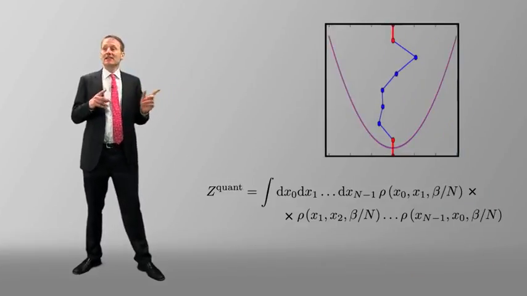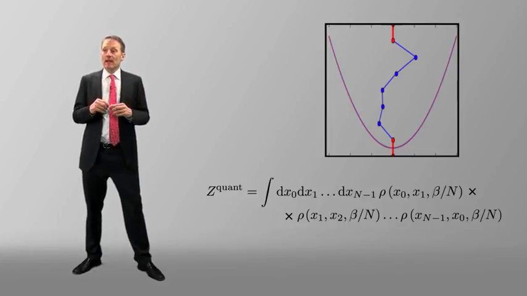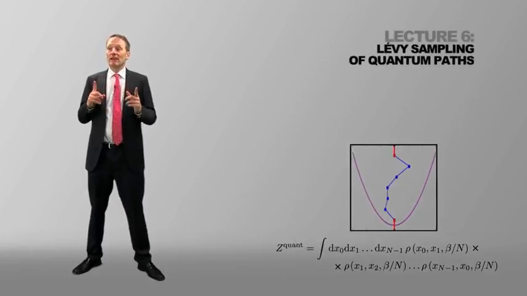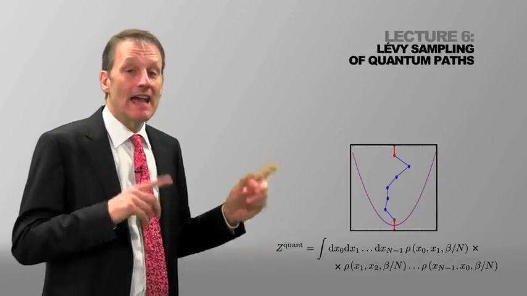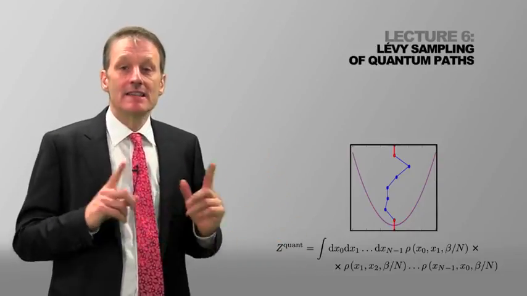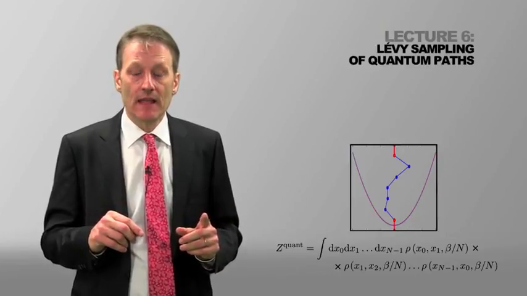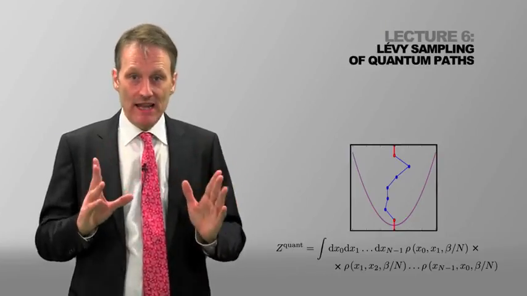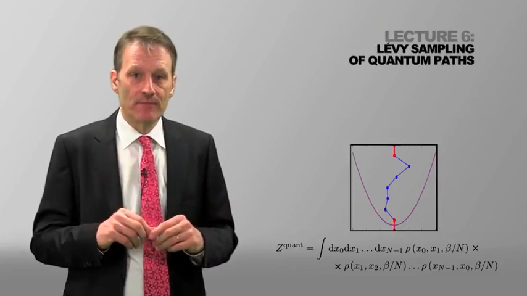We will present a providential sampling algorithm that goes back to Paul Lévy in 1940. It is a rejection-free, direct sampling algorithm, something we never achieved for hard disks. Let me briefly explain what the Lévy algorithm achieves.